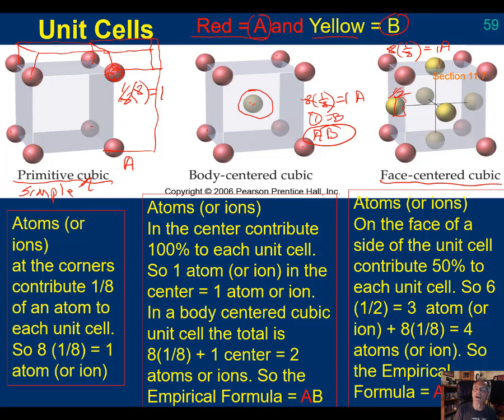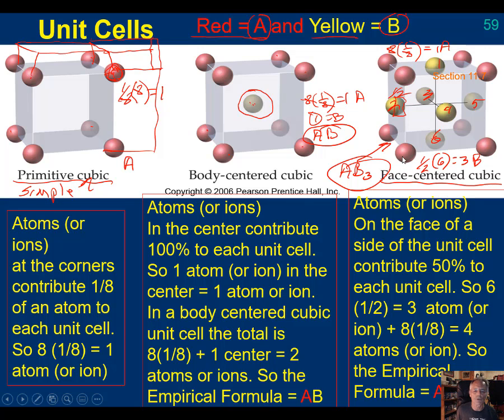And we have 1, 2, 3, 4, 5, 6 of them. So that's 1/2 times 6, which is equal to 3. So we've got 3 B's and we've got 1 A. So our empirical formula for this unit cell is AB3.